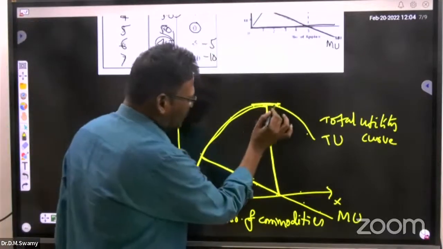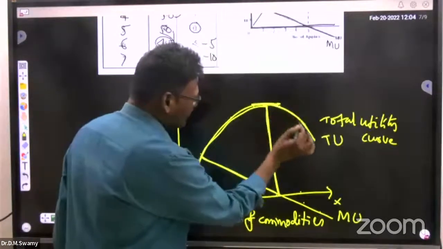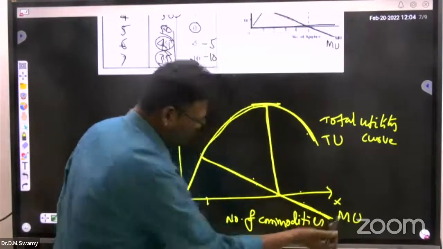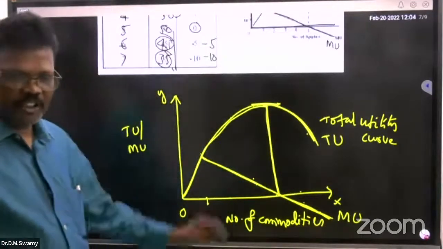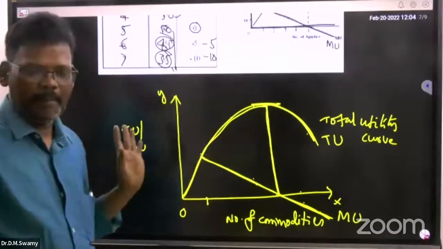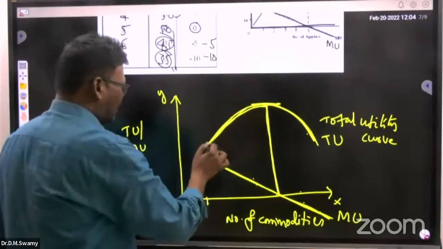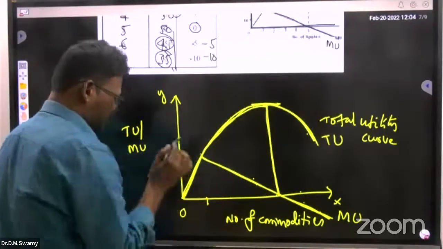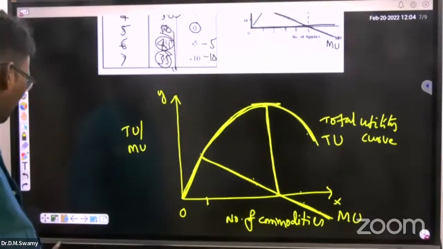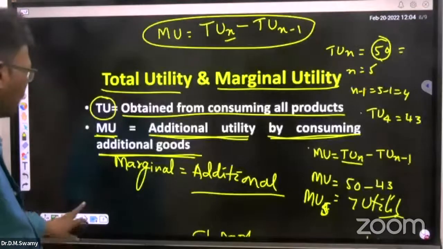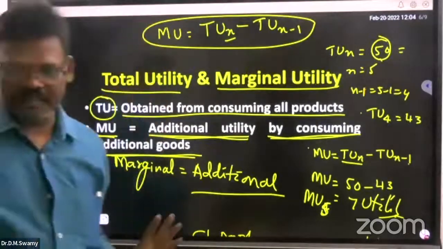When the total utility starts to decrease, the marginal utility will be negative. So this is the point we are going to discuss, the law of diminishing marginal utility.